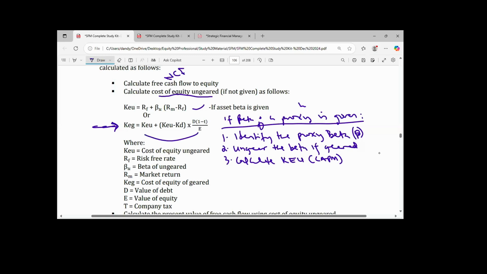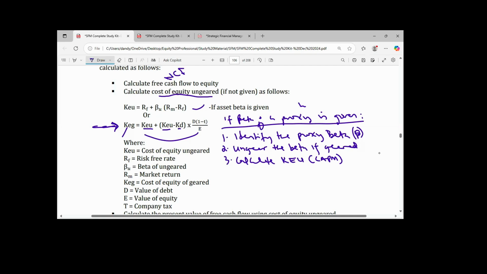So KEG is the cost of equity geared. This KEG will surely be given to you. What you are looking for is the cost of equity ungeared. KD is the coupon rate on the debt or on the loan, the interest rate on the debt. If the cost of debt is not given to you, then you assume the risk-free rate of return.